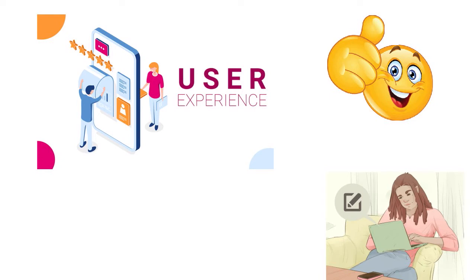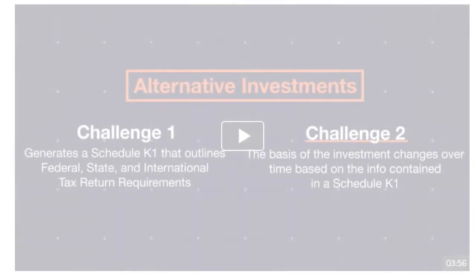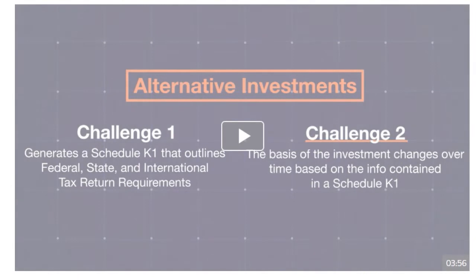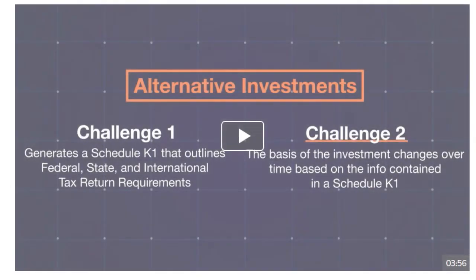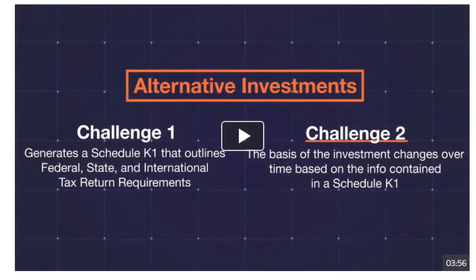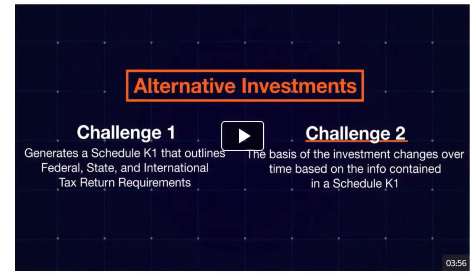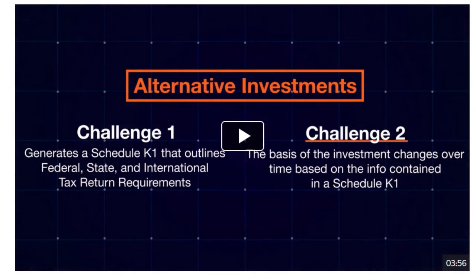So you are able to mitigate a lot of risk when you use this software. The K1 Analyzer reduces manual data analysis and improves accuracy when processing Schedule K1. And we all know how certain items can really derail your K1 analysis, especially when you're dealing with volumes.